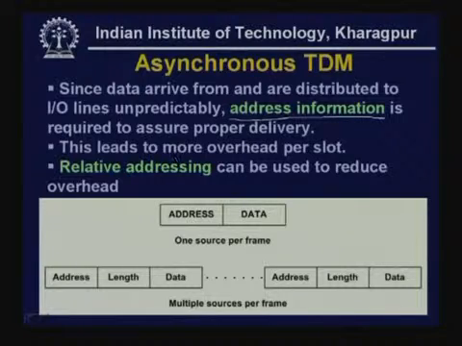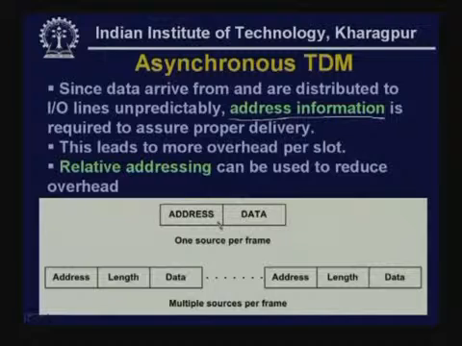This leads to more overhead per slot. So, apart from data, we have to send the address. If there is only a single channel, we can send the address followed by variable length data. That means one source per frame.